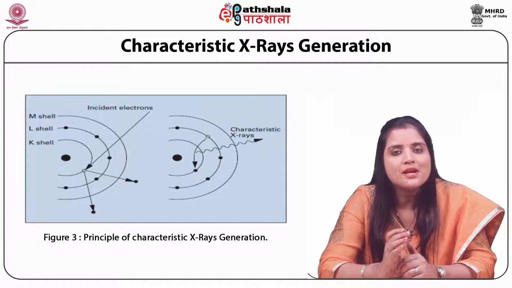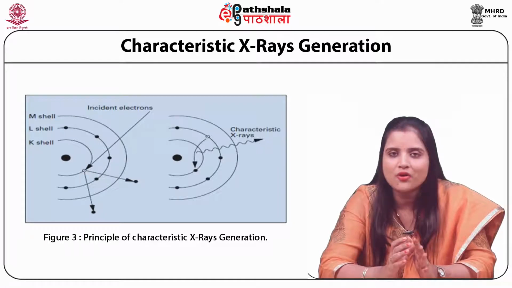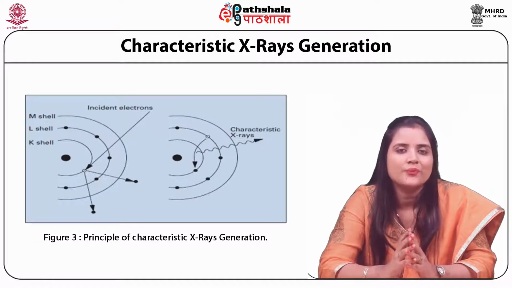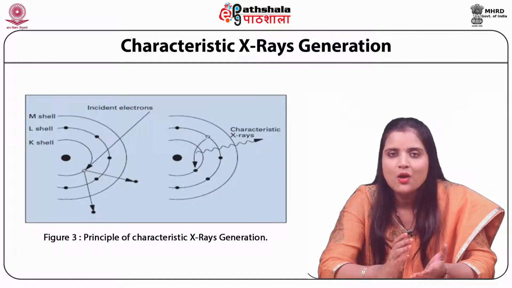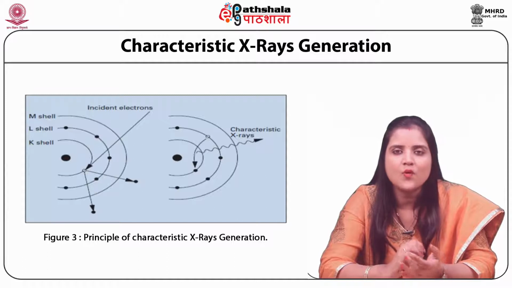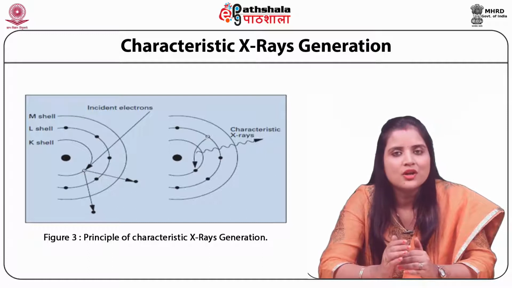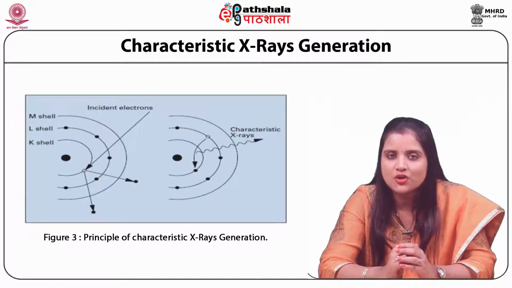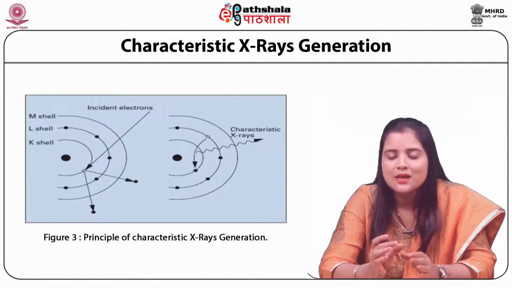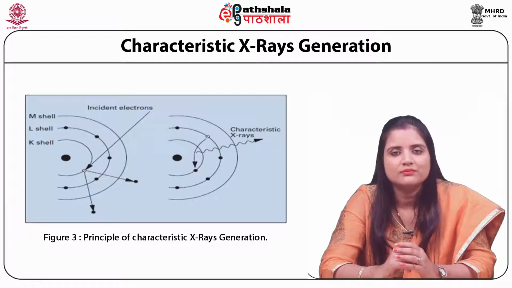When a sample is irradiated with a highly energetic beam of electrons, then a characteristic X-ray is generated. Due to irradiation, when an electron is excited from the inner shell of its parent atom, the vacant place is occupied by a higher energy electron from the outer shell, and the energy difference between the two shells is emitted as an X-ray.